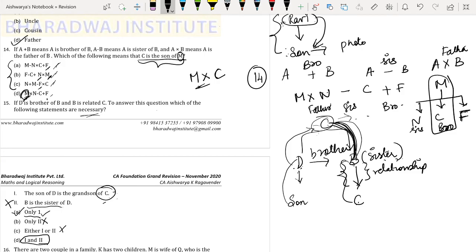But for the relationship between B and C, we can say that B is the daughter of C. If we didn't know it was a sister, we cannot say it is a daughter or a son. We don't know the gender of either person, so it becomes difficult to say daughter, son, father or mother. So both 1 and 2 are pertinent to us. Are you clear?